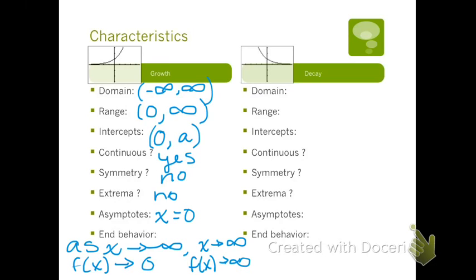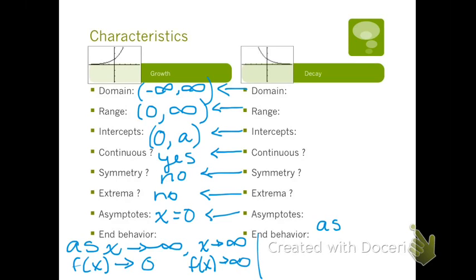Most of these are going to be the same for decay. We have the same domain, same range, same intercept. Yes, it's continuous. No, there's no symmetry. No, there are no maximum and minimums. Yes, there's an asymptote. The only thing that's going to change is our end behavior.